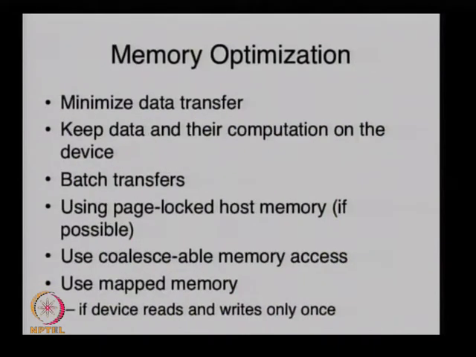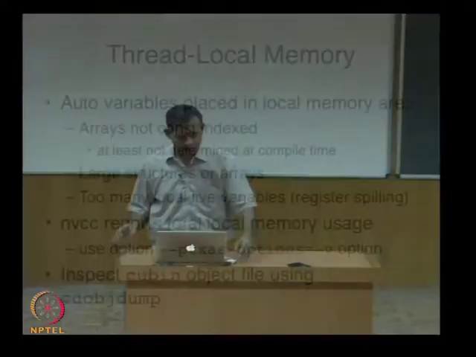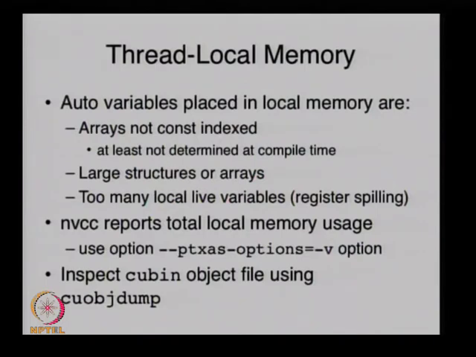Okay, we talked about memory optimization already. So some of the other things that you probably need to be careful about. One, very often you will realize that you have local variables, right?